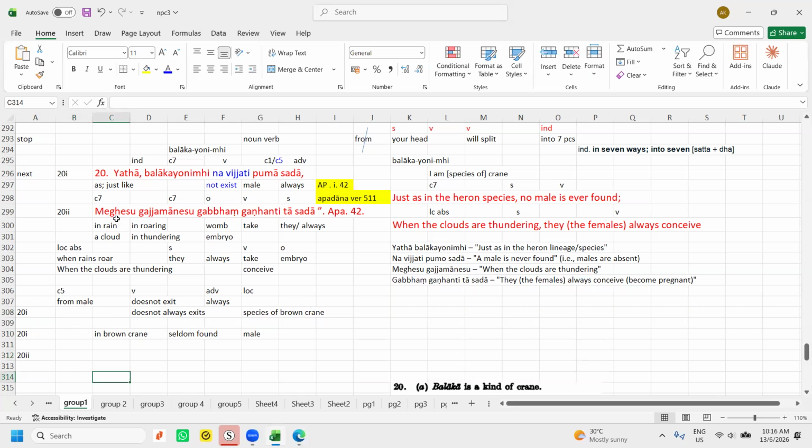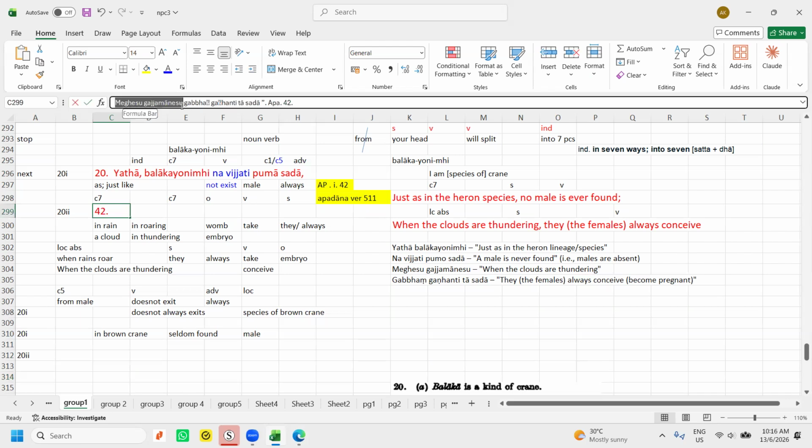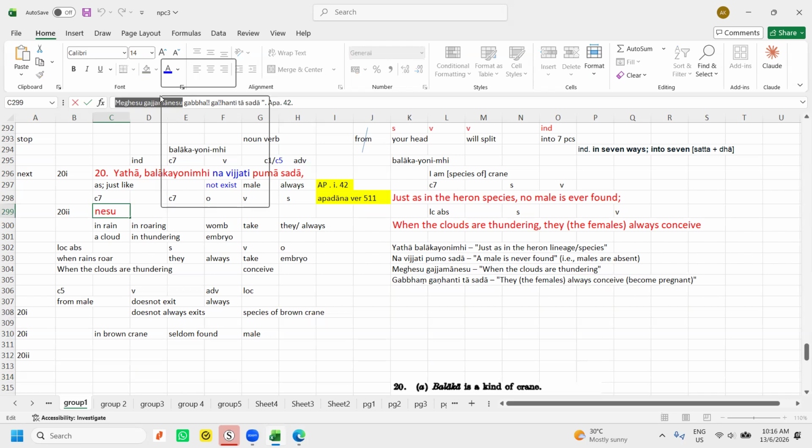So this word should be mega. This one is a gajah. If you look at this one, it looks like a past participle.